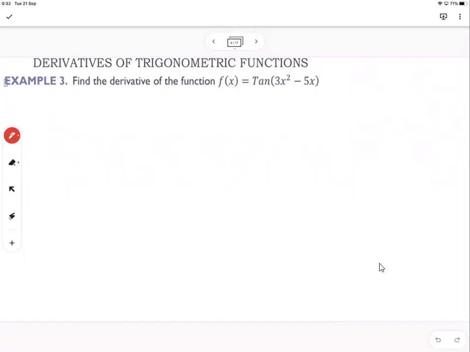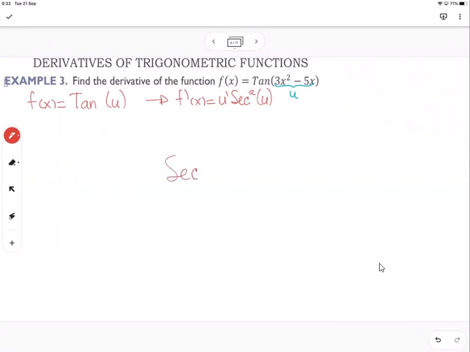The derivative of tangent is u prime secant squared of u. Remember that u is always the angle of the given trigonometric function.